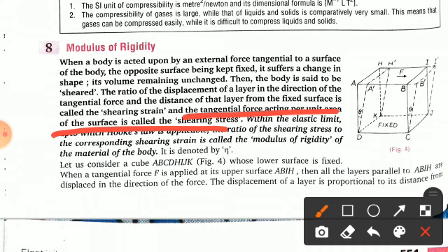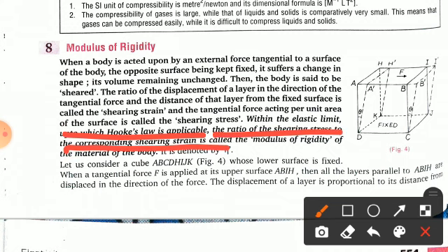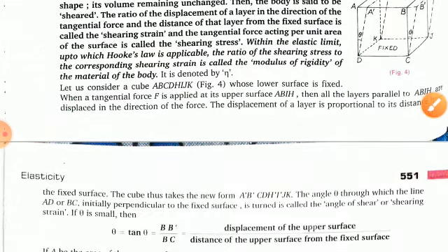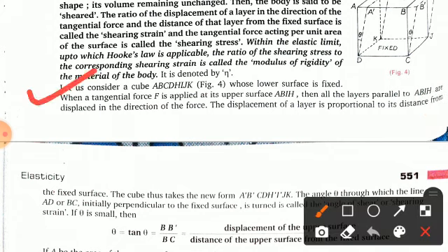So within the elastic limit up to which Hooke's law is applicable, the ratio of the shearing stress to the corresponding shearing strain is called the modulus of rigidity of the material of the body, and it is denoted by eta. Fine. Here the demonstration is given.